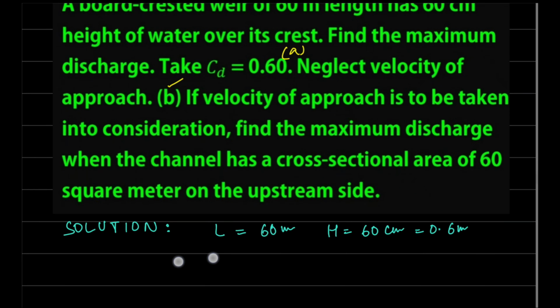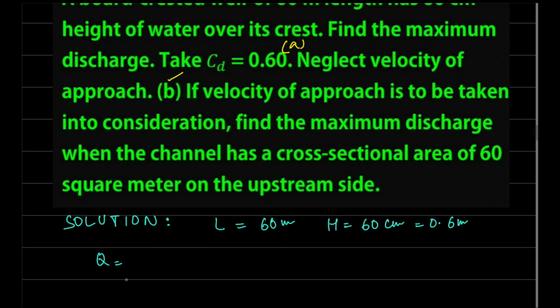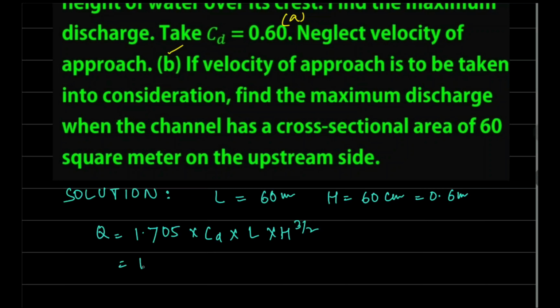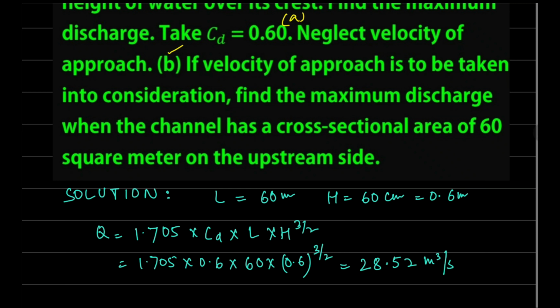So neglecting the velocity of approach, if we figure out the q value, then we can write that q is equal to, for a broad crested weir, 1.705 multiplied by CD multiplied by L multiplied by H raised to the power 3 by 2. So if we put all the values, 1.705, 0.6, L is 60 meter, multiplied by 0.6 raised to the power 3 by 2, the answer will be 28.52 meter cube per second. So that's the first part.